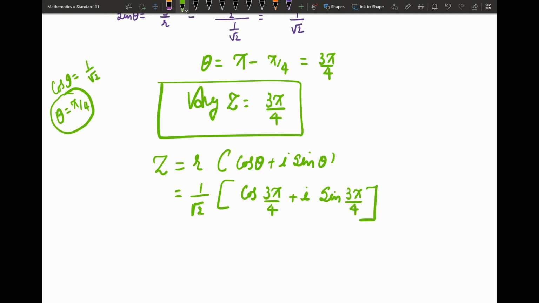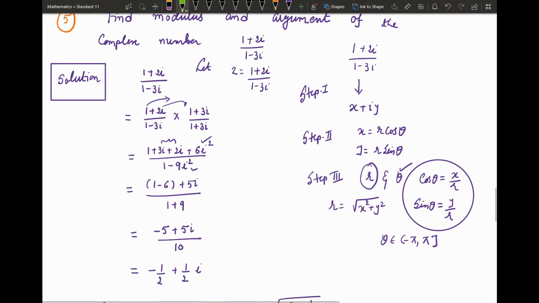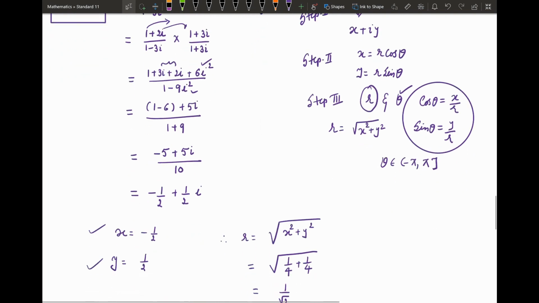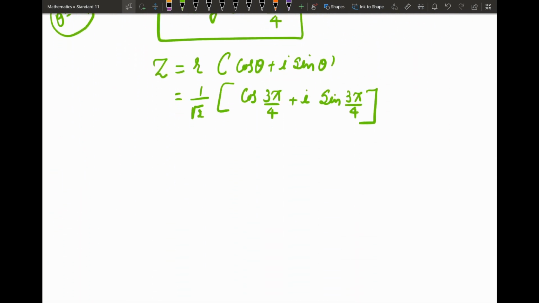This is nothing but the polar form of the given complex number z equal to 1 plus 2i upon 1 minus 3i. So this is the required polar form. Next time we will discuss more problems.